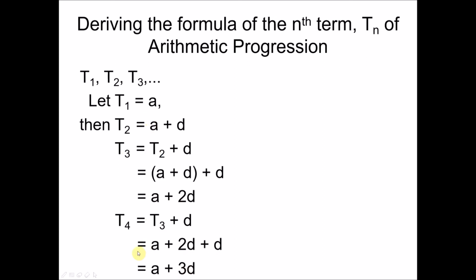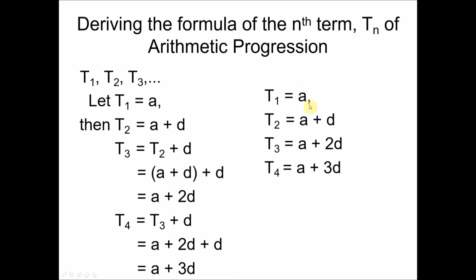So now if you rewrite all of this, you can find the pattern of finding the nth term. So the nth term equals what? You can see that A is here and D here. And how about this value? The coefficient of D is always 1 less than the term that we are looking for. 3 is 1 less than 4. 2 is 1 less than 3.